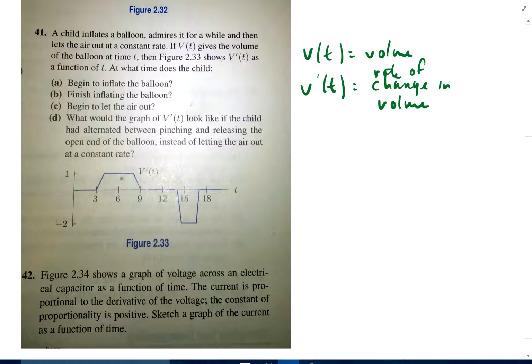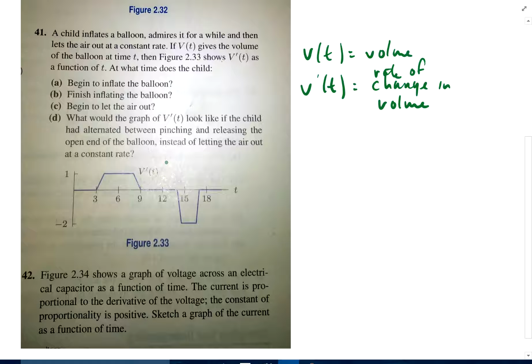So this is the rate at which the balloon is getting bigger or smaller. It's getting bigger if this is positive, it's getting smaller if it's negative. So at what time does he begin to inflate? To finish inflating the balloon, let air out. What would V of t look like if the child had alternated between pinching and releasing the open end instead of letting the air out at a constant rate?